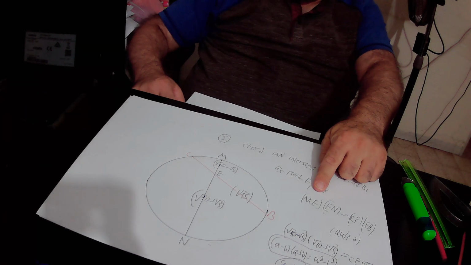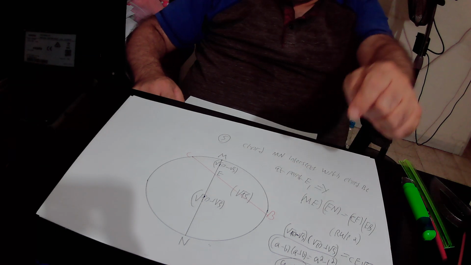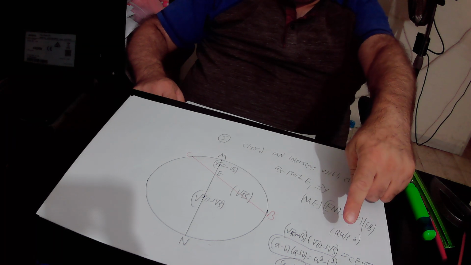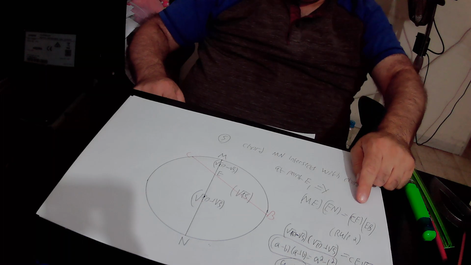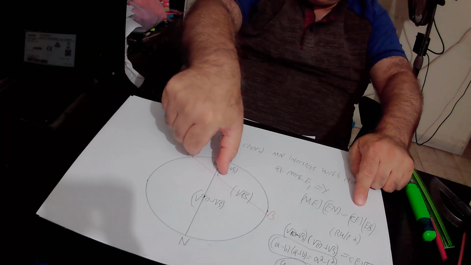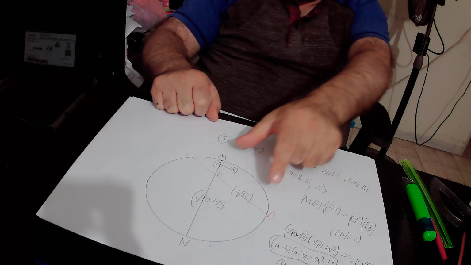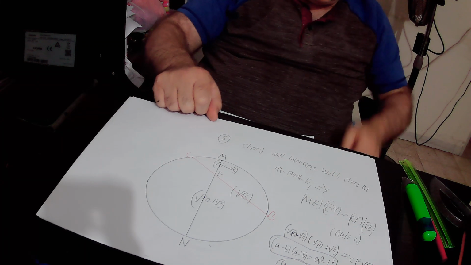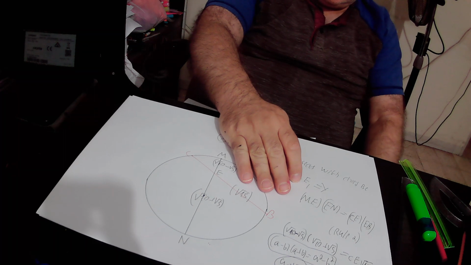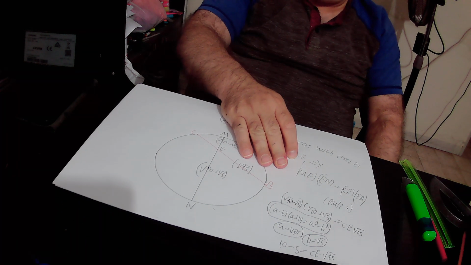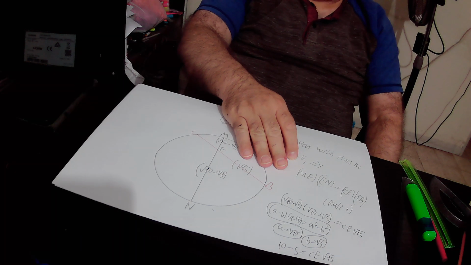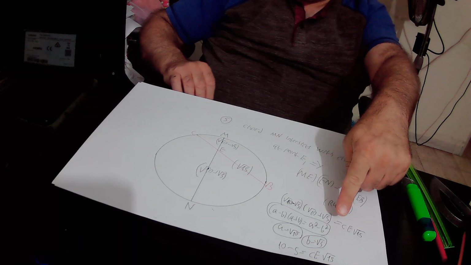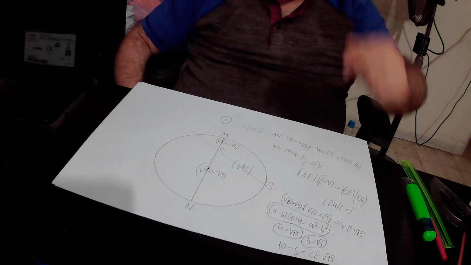Okay, and then ME, which equals the square root of 10 minus square root of 5, times EN, which equals square root of 10 plus square root of 5, equals CE, the missing line segment, times EB. According to the algebraic identity, (A plus B) times (A minus B) equals A squared minus B squared.